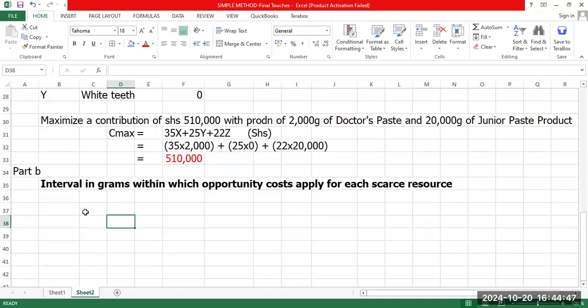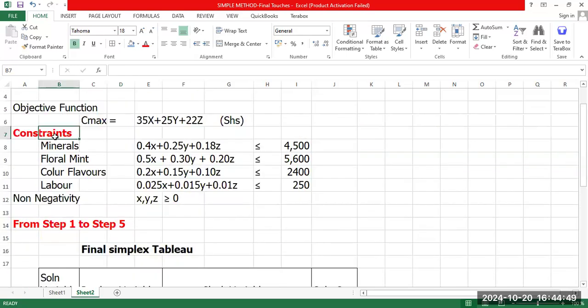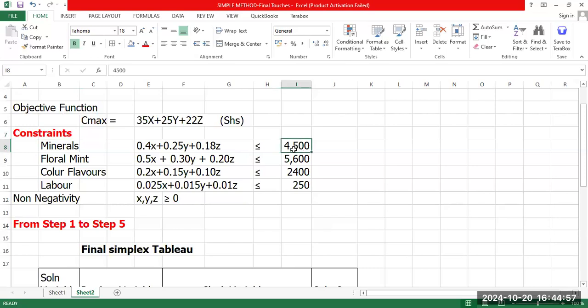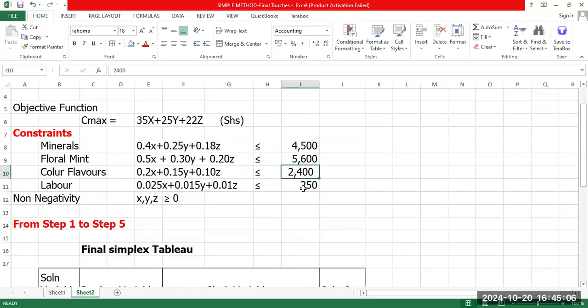If you realize that one of your constraints has unutilized grams, remember you have 4,500 grams, here you have 5,600 grams, here you have 2,400 grams, then here you have 250 hours.